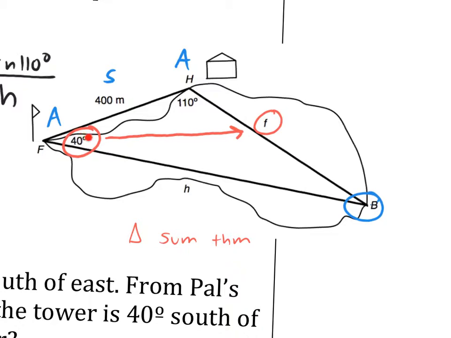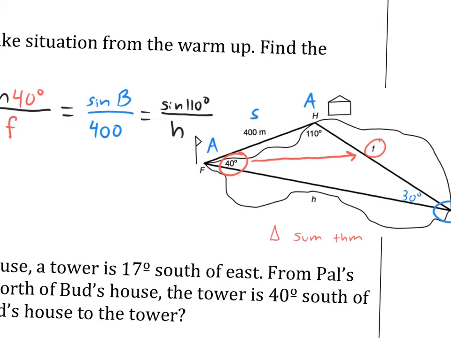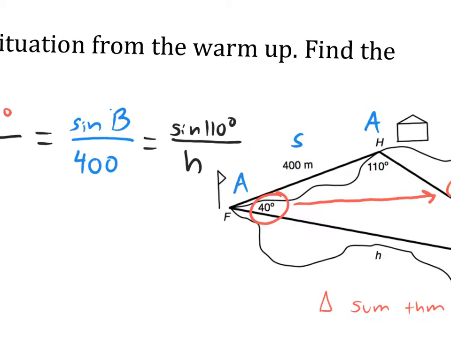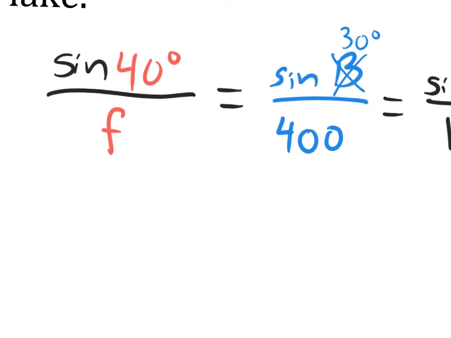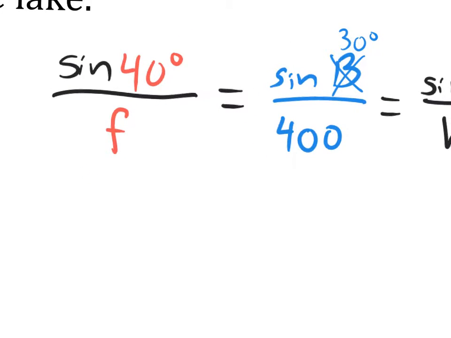So that means this here together is 150, so this angle B has to measure 30 degrees, which means I can replace that right here with 30 degrees. And notice the proportion I can use here. The sine of 40 over F is equal to the sine of 30 over 400.